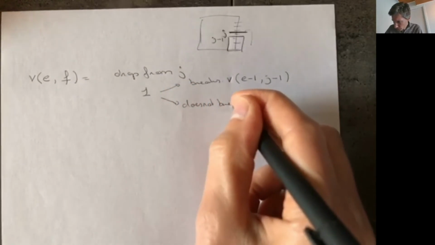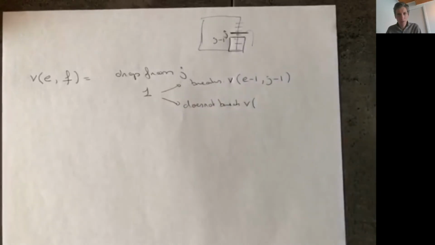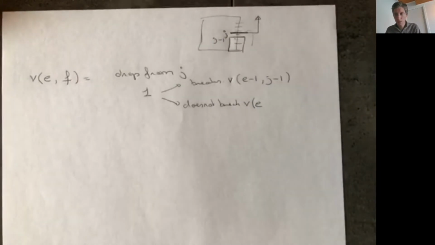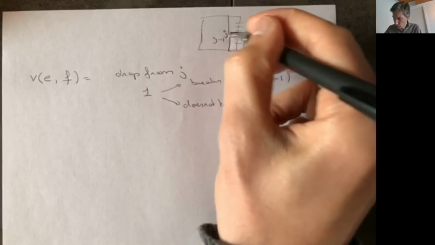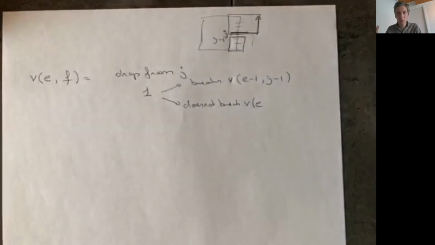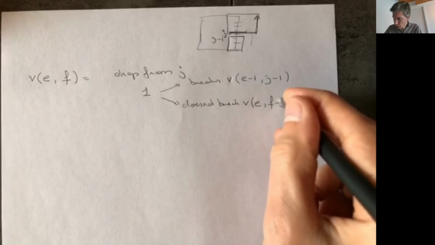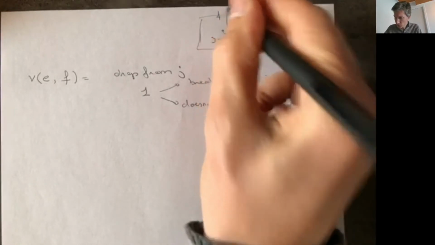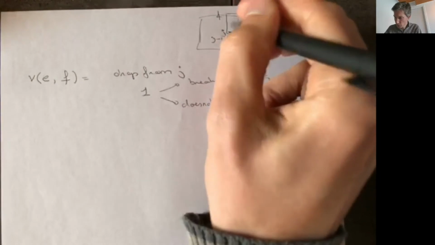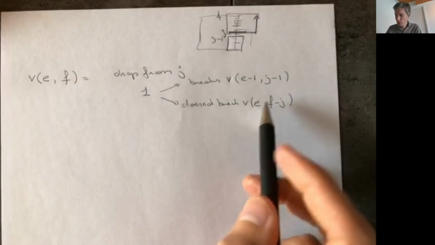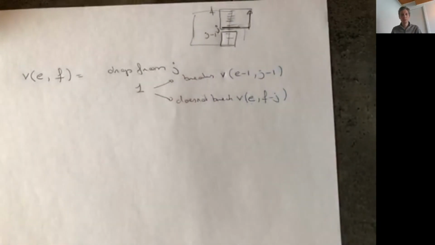Okay, if it does not break, well, then basically I have all my eggs left, right? Nothing broke. And I know that the critical floor is either J or above. Okay, so basically what I can do is I can consider this sub building, which now has F minus J floors, right? F was the top one here. So this is like an apartment building with F minus J floors, and I have E eggs left to determine which one is the critical floor here.